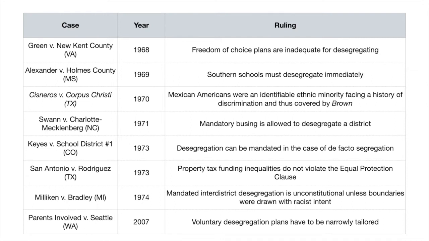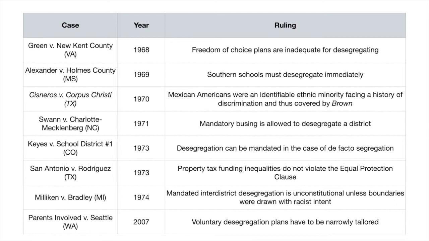I believe it was a U.S. District Court where this was argued. But it raised the question of school funding. Because remember, it was in 1970 that Mexican Americans were identified as an ethnic minority. Until 1970, Brown didn't apply to them.